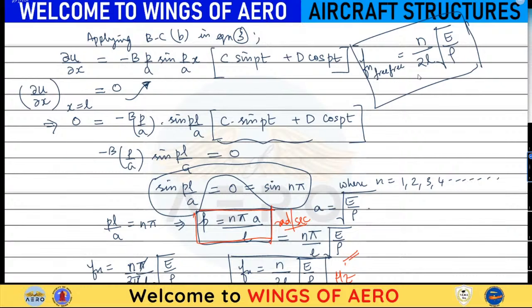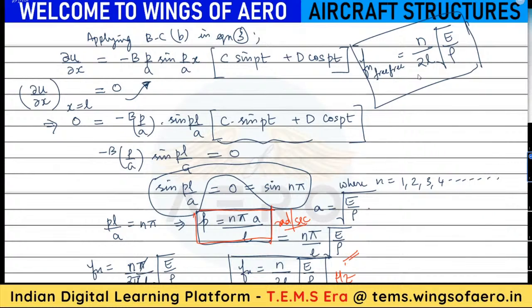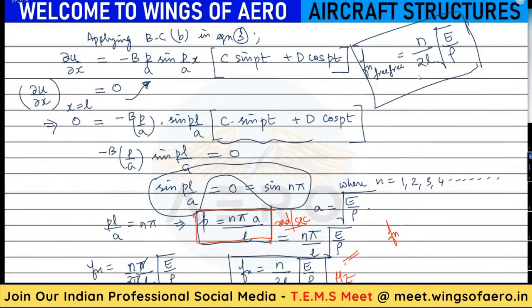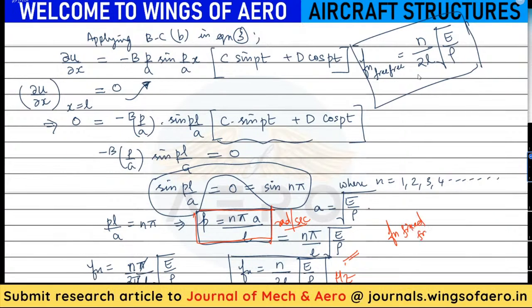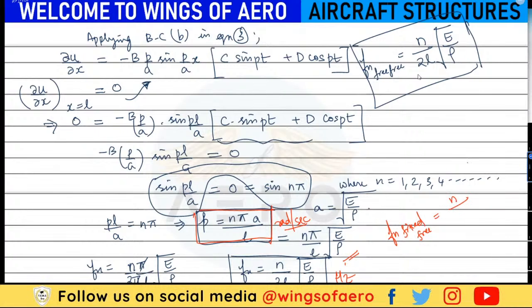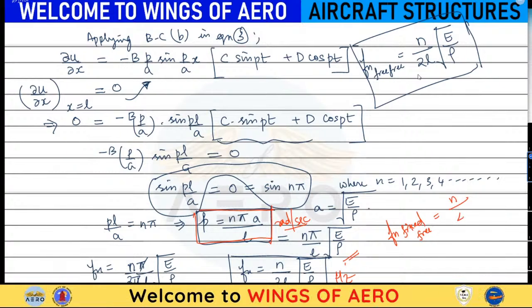Similarly, you can find it when the ends are fixed and free. When you solve for the frequency for fixed and free ends, mostly they ask when both the ends are free and when one end is fixed and the other free. These are the most commonly asked questions.